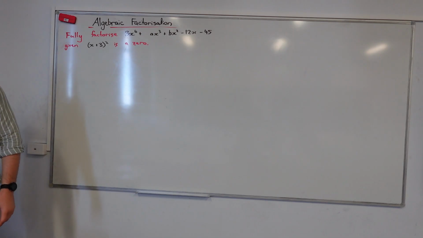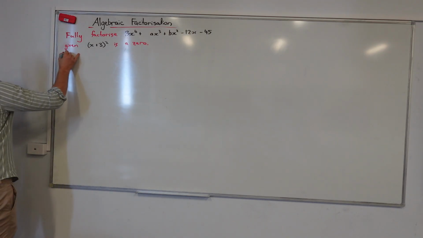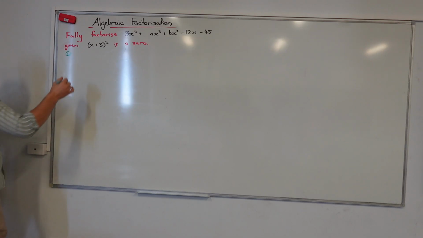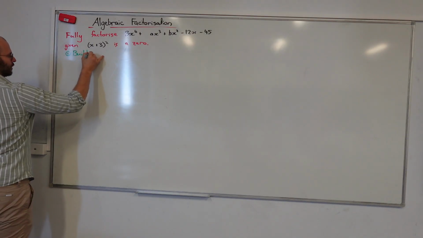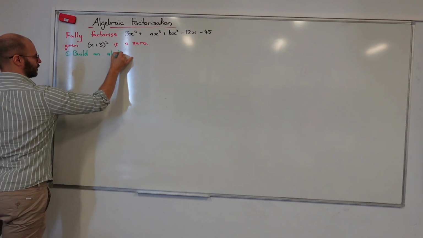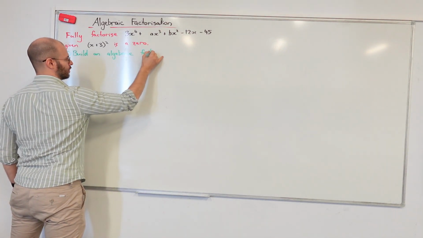So, how do you think we go about doing this? What was our first step in the last one we did? Build an algebraic factorized expression.